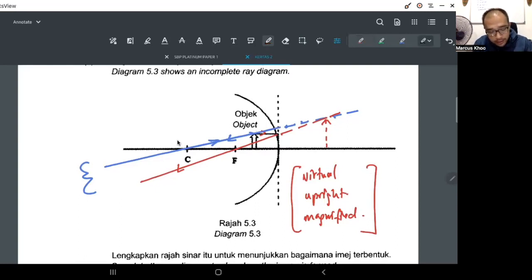For a mirror, anything that is in front of this F, you can form an image. But anything that is in this particular section, the image will be behind the mirror, and will be virtual, upright, and magnified.